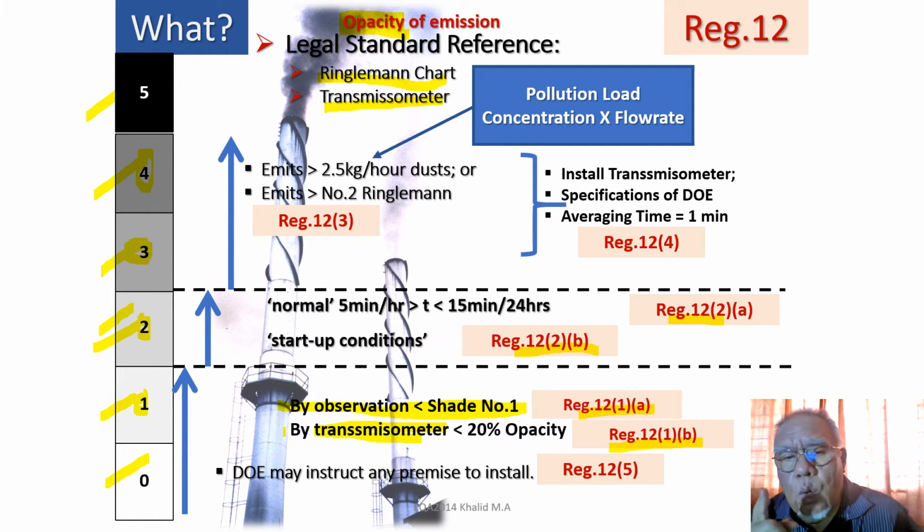In 1 hour, only 5 minutes is allowed, but not every hour 5 minutes. But in the total of 1 day, which is 24 hours, only 15 minutes is allowed.